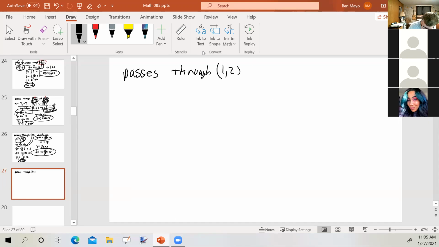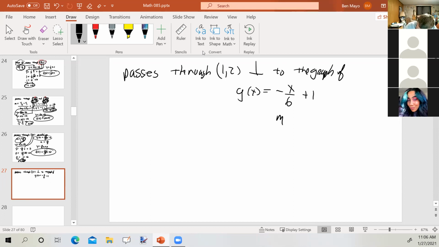(1, 2), and it's perpendicular to the graph of g of x equals, let's see, negative x over 6 plus 1. All right. Whereas parallel lines have the same slopes, perpendicular lines have slopes that are negative reciprocals.